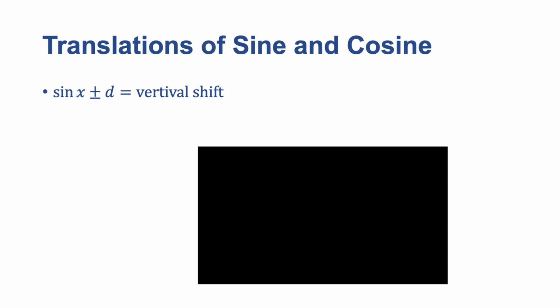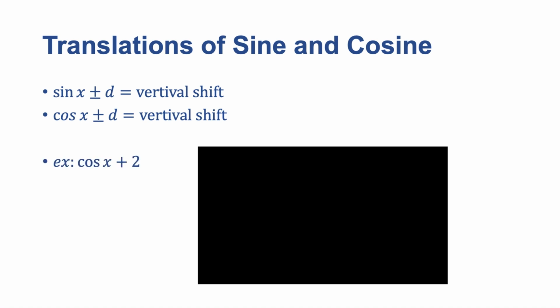So that's how we graph our sine wave to go up or down, depending on what line it's oscillating about. And that also works with cosine. So the cosine of x plus or minus d is also a vertical shift. This shouldn't be anything new. We covered translations and transformations of functions earlier, and this is our normal vertical shifting device.